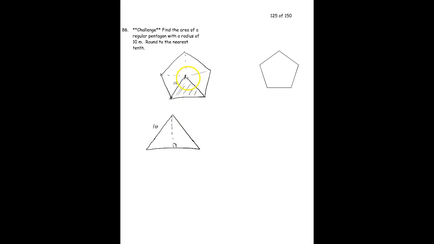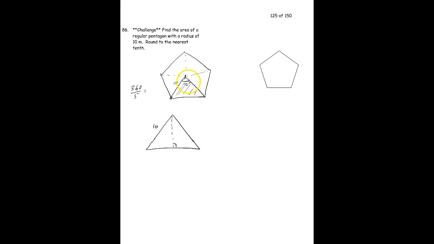So if we know, the same idea, that all these angles here have to add up to 360, and how many of them are there? There's 1, 2, 3, 4, 5. So each one of those points there has to be 360 divided by 5. So this full angle here is 72.